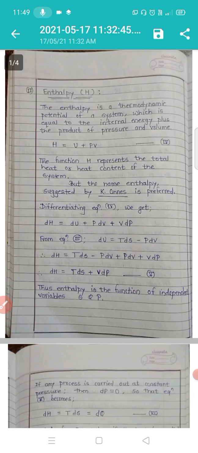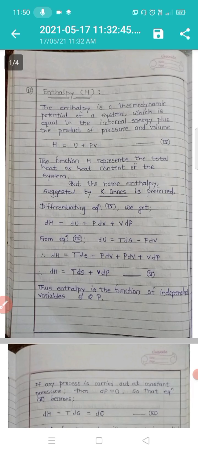The second important thermodynamic potential is enthalpy. Enthalpy is a thermodynamic potential of a system which is equal to the internal energy plus the product of pressure and volume. Enthalpy gives the total heat content, or total heat energy, of the system.